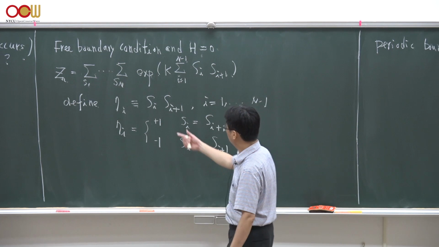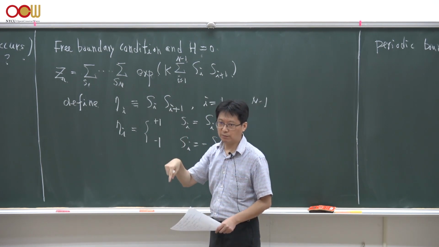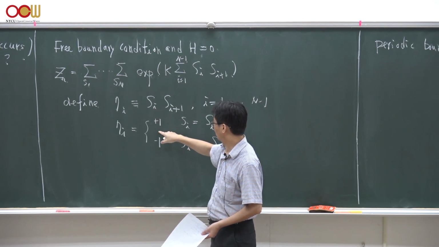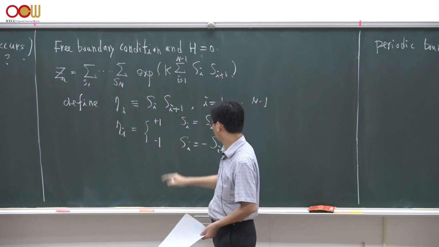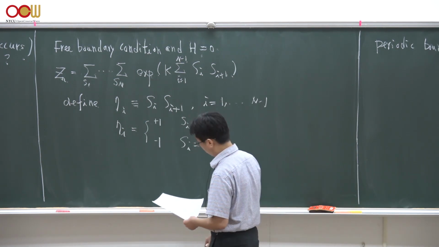Because each spin on site i or i plus 1 can take either plus 1 or minus 1, plus 1 times plus 1 is plus 1, but plus 1 times minus 1 is minus 1. So eta_i can take values just like the Ising spin can.